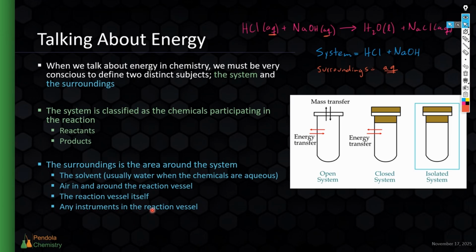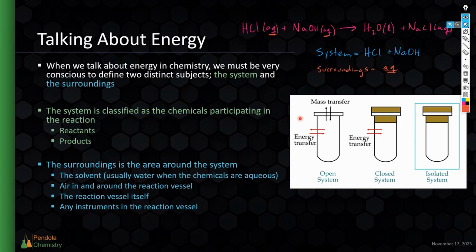Any instrument in the reaction vessel, so if we had a thermometer in here, that will be part of the surroundings. If we had styrofoam cups surrounding this vessel, that will be part of the surroundings. Essentially anything that is not the actual chemicals reacting is part of the surroundings, not the system.